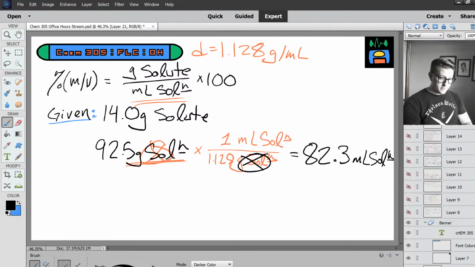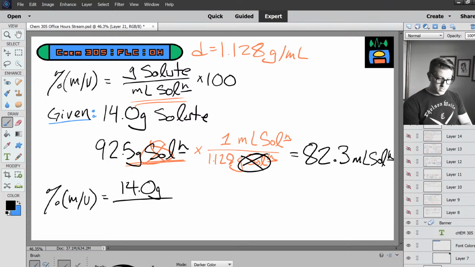Now that we know our denominator, we can calculate our percent mass to volume. It'll equal 14.0 grams of solute over 82.3 milliliters times 100, so 14.0 divided by 82.3 times 100, and we can keep 3 sig figs.